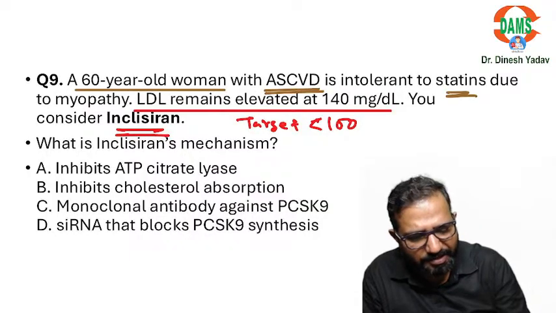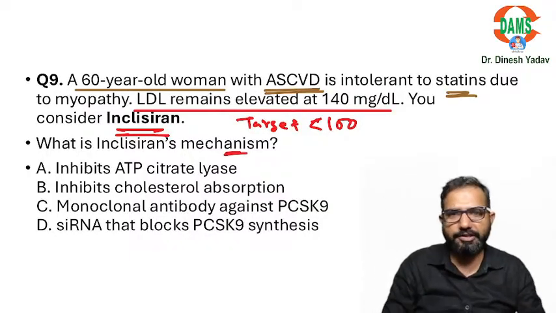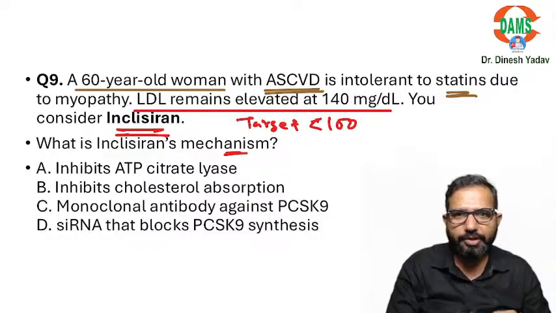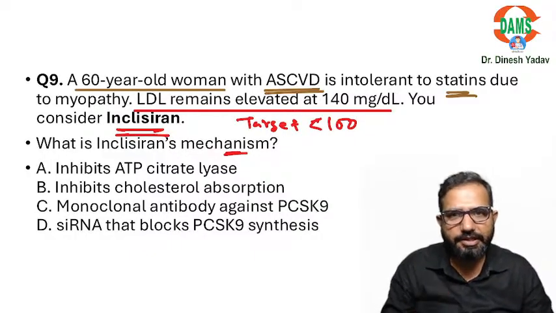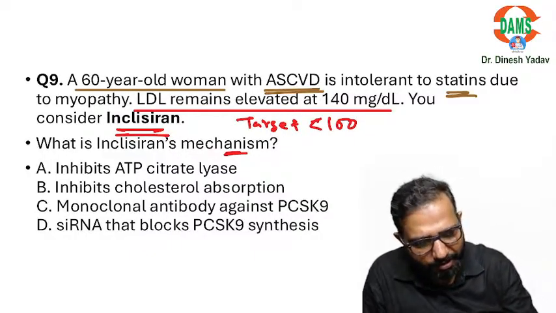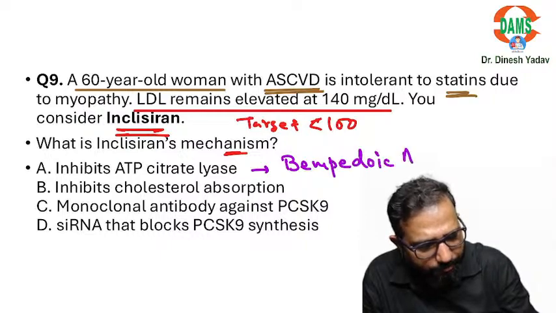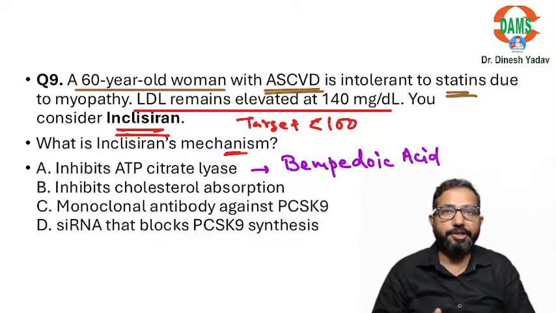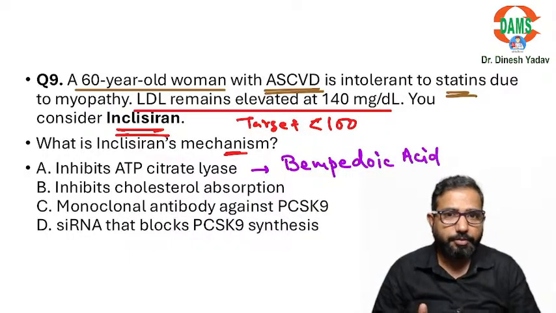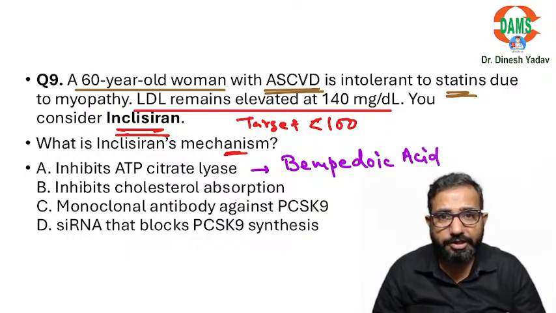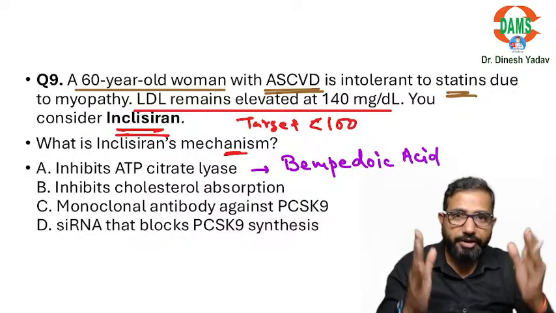What is the mechanism of inclisiran? Every student should know inclisiran. Let me tell you which drug inhibits the ATP citrate lyase. That is bempedoic acid, also a new drug. By this, you inhibit the HMG-CoA reductase enzyme metabolism.